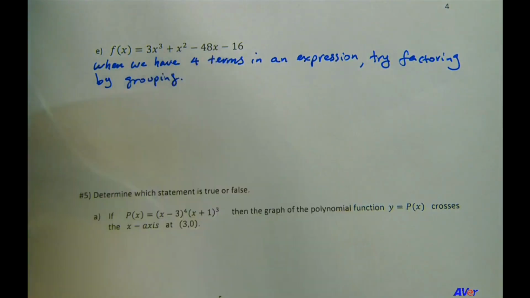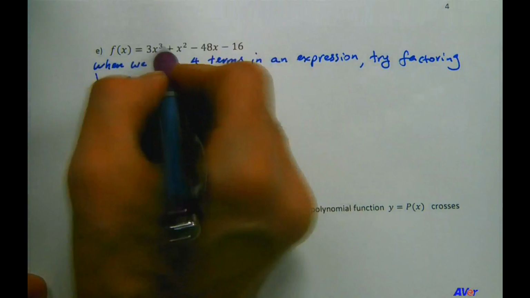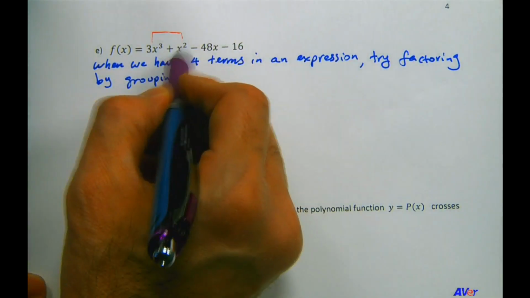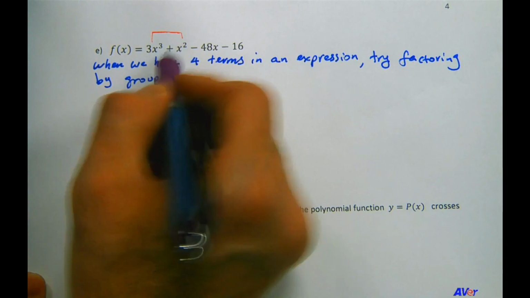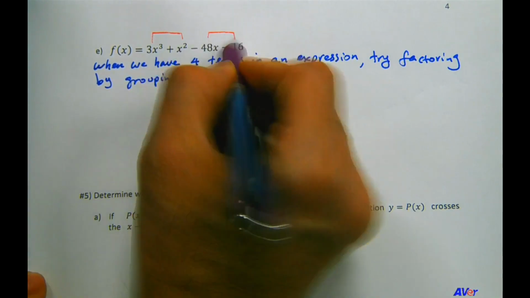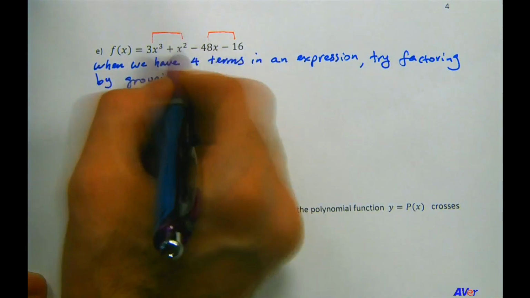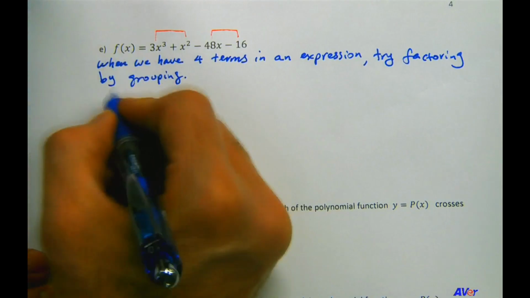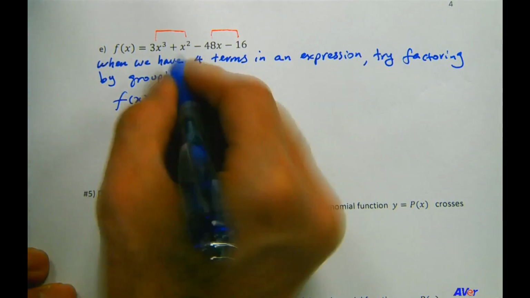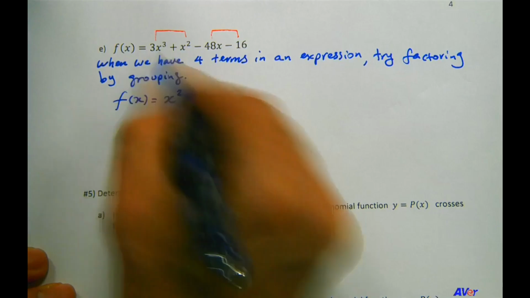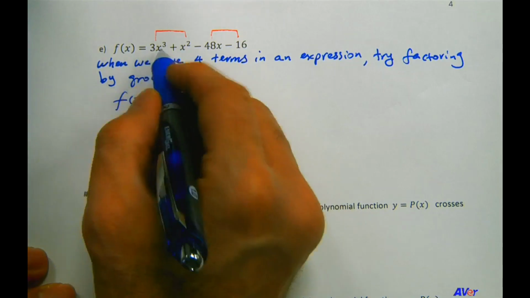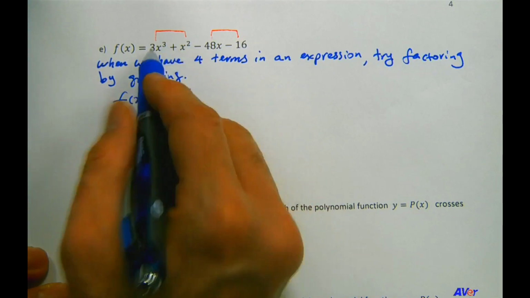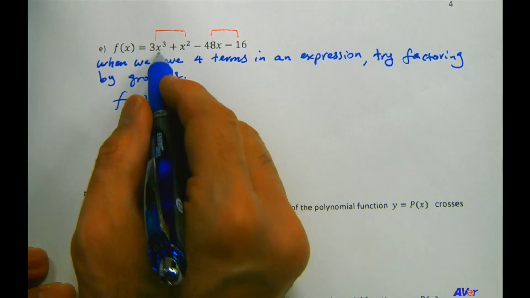So let's group these two. How do we group? I'm looking at these two. These two have the highest powers of x. So I'd like to group those two, and then I'm going to group these two. Then we're going to factor each group separately. So f of x can be factored as x squared times, what should I have on the inside of the parentheses to multiply by x squared and get 3x cubed?